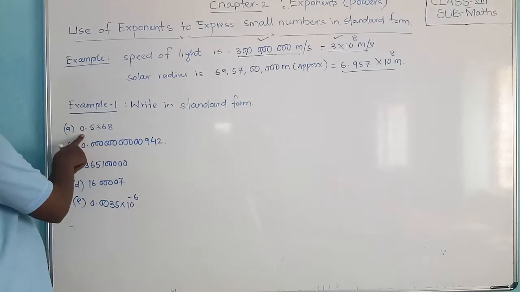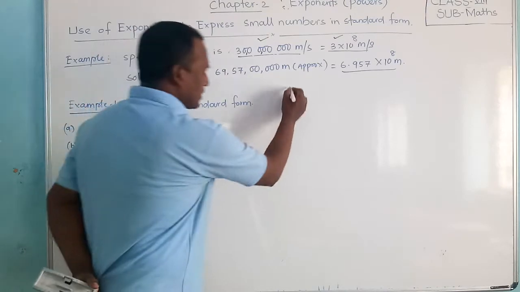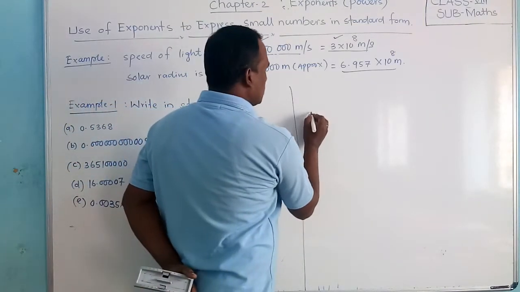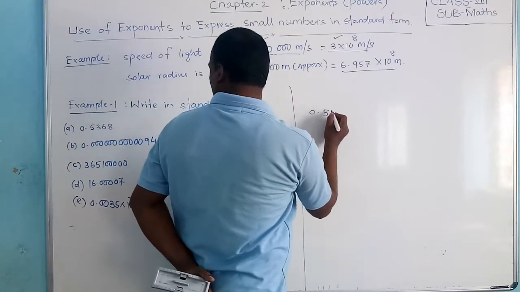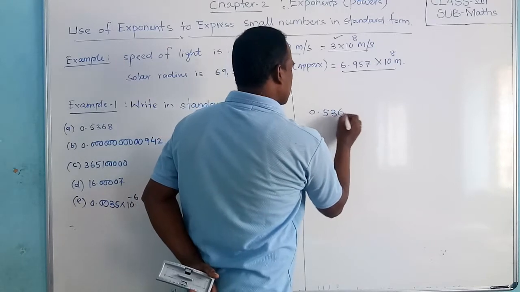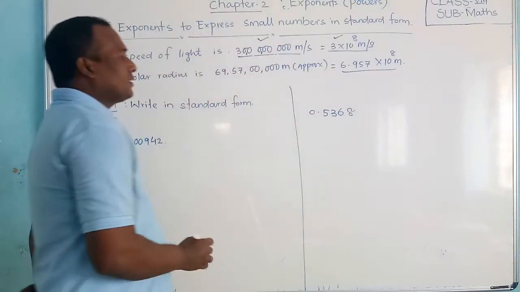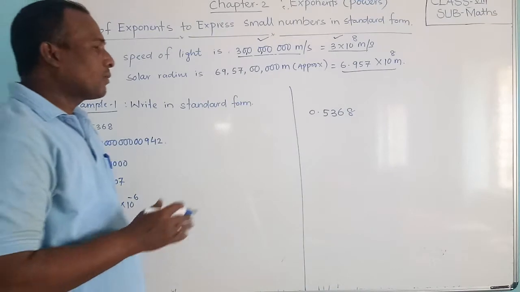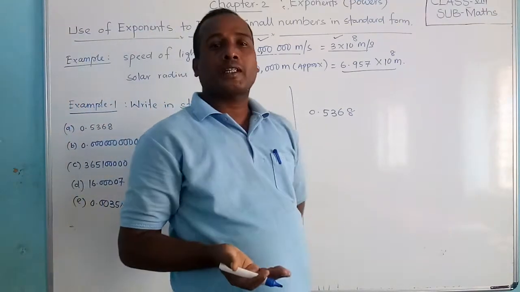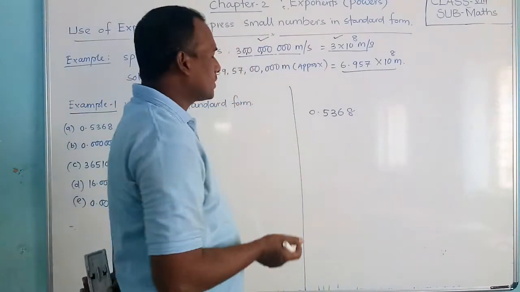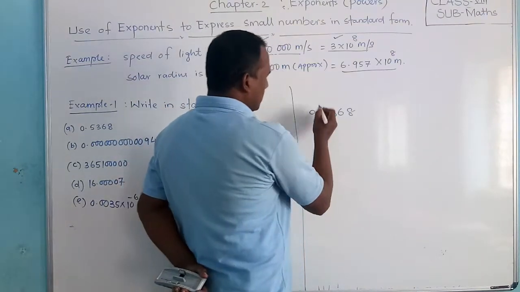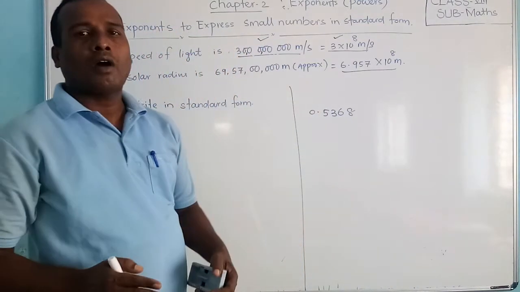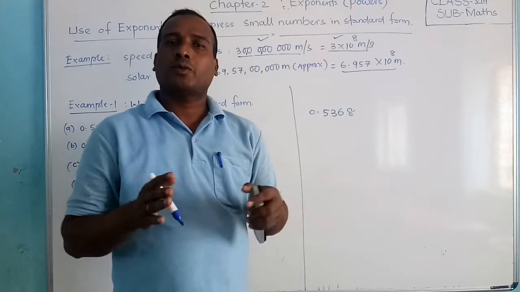So students, the first question given is 0.5368. I am explaining here first. 0.5368 is a small number, but small numbers can also be expressed in standard form. Let us see what the important things are.